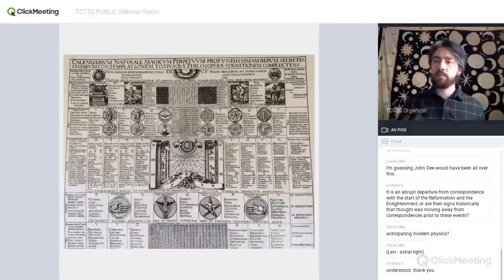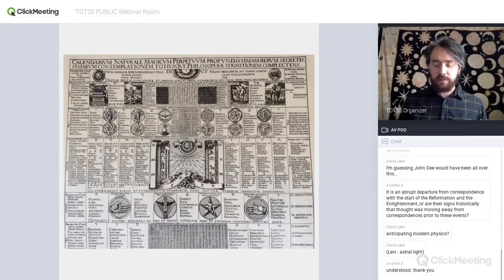The symbolist movement in late 19th century France uses this idea of correspondences a lot. A lot of them are very influenced by Swedenborg, and so use it in a Swedenborgian way, but it helps put these ideas back into the culture after having been not entirely absent, but more invisible over the couple of centuries preceding that.